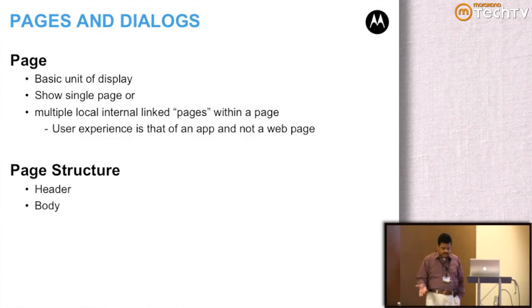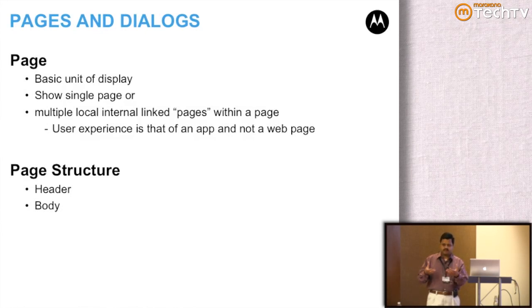What jQuery allows you to do is to show a single page as is, or if you have multiple pages, it lets you treat all of those pages as a single page, so that when you transition from one page to the other page, it does not feel like you are browsing a website.